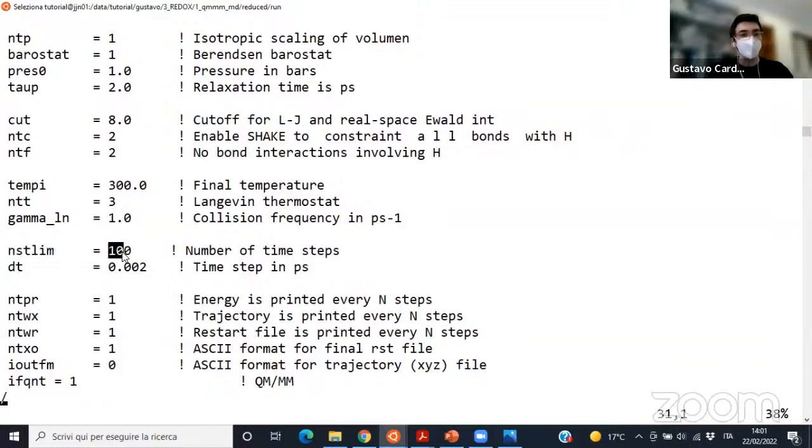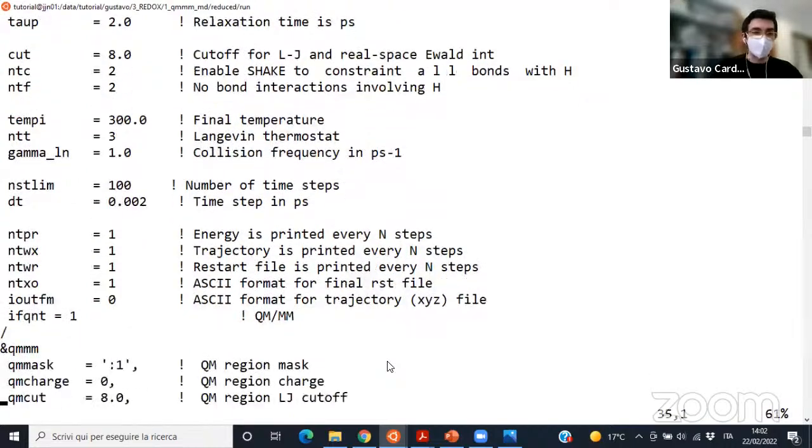So still, it's going to be 100 time steps. So this is 2 femtoseconds time steps. So overall, we're going to have 200 femtoseconds of simulation, which is a few time steps, but for the sake of the tutorial, it's going to be good. And for QMMMD method, it's kind of a good equilibration, let's say. Okay.